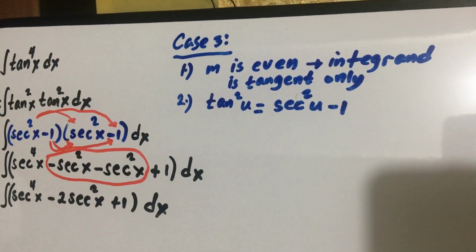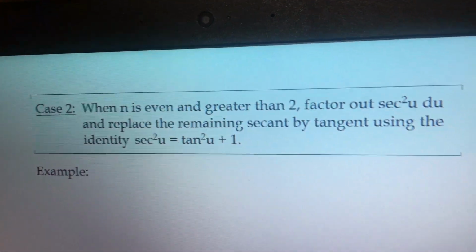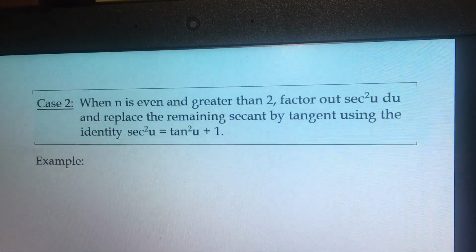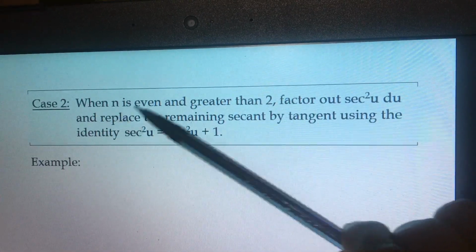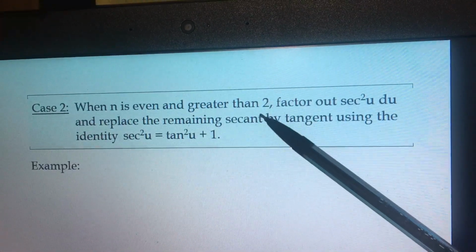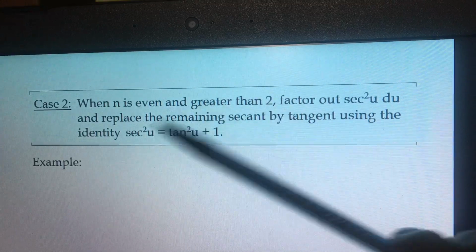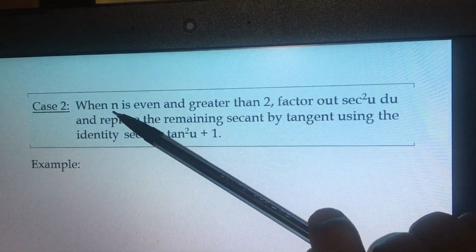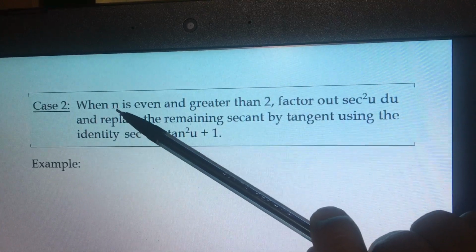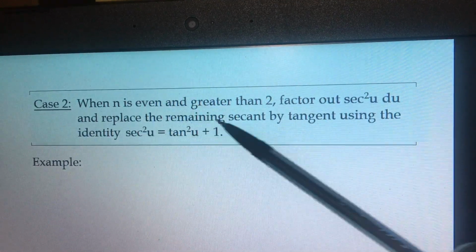If you can still remember case 2, the scenario here is that when n is even and greater than 2, what is n? n is the exponent of secant, even and greater than 2.